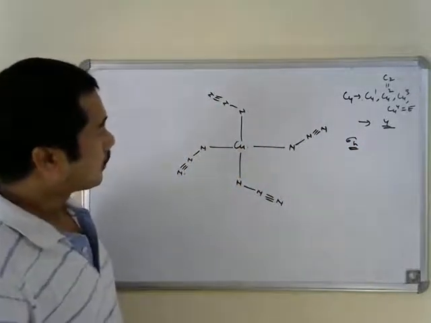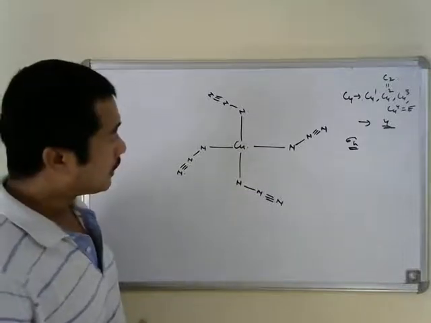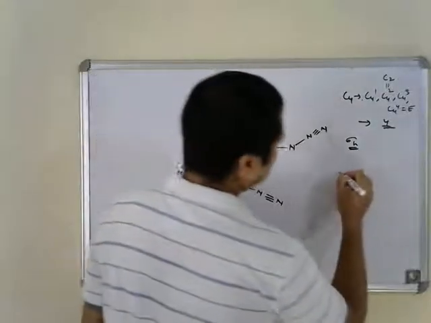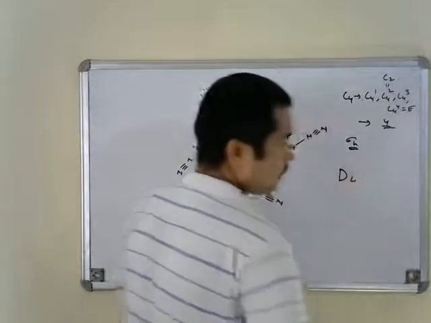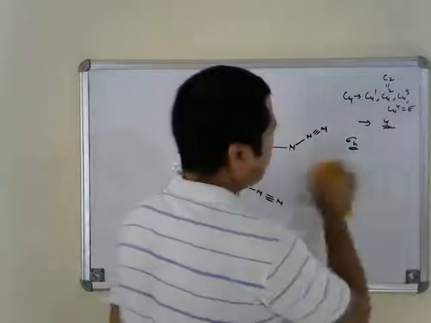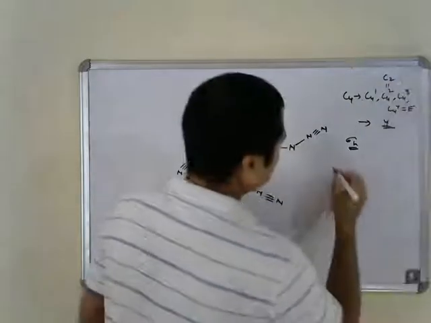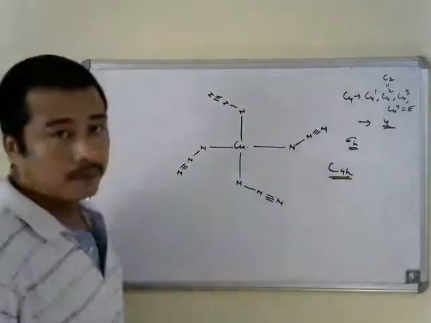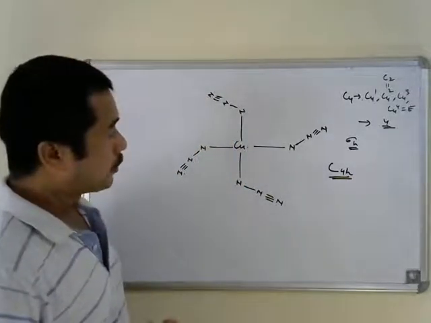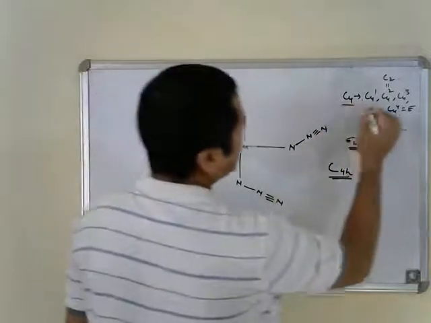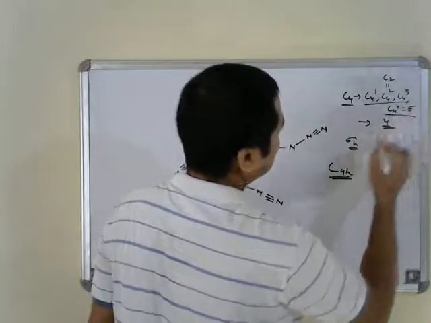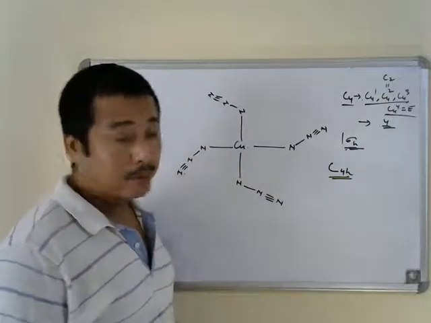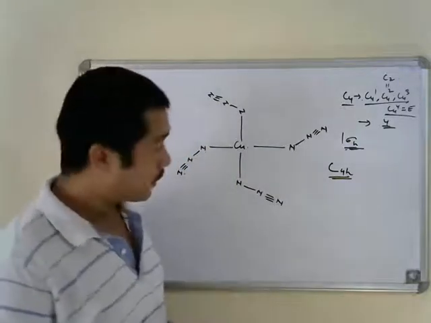Apart from that, no other symmetry element is present in this molecule, and therefore the point group in this case is going to be C4H. But again, what we should look at carefully is that the combination of C4 and sigma H generates symmetry operations that are essentially those generated by an S4 axis of symmetry.